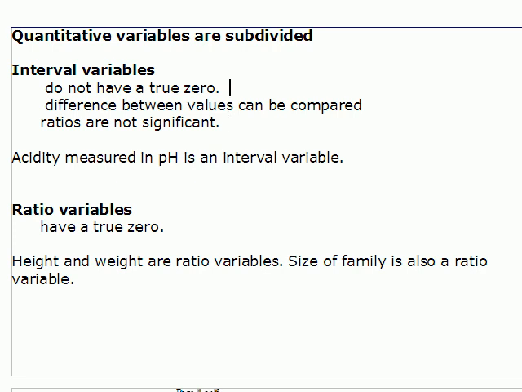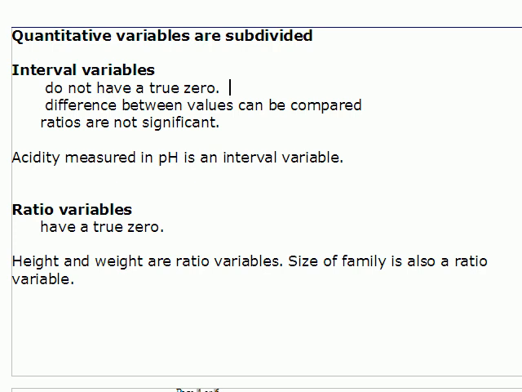Others are called interval variables. They do not have a true 0. You can see this is a little more complex, and you're not required to know this in 253, but I want you to know these terms so that when you see them, if you go on for further study, you'll at least have heard these before. An interval variable does not have a true 0. You can look at the difference between the values, but you really can't make a ratio out of them.